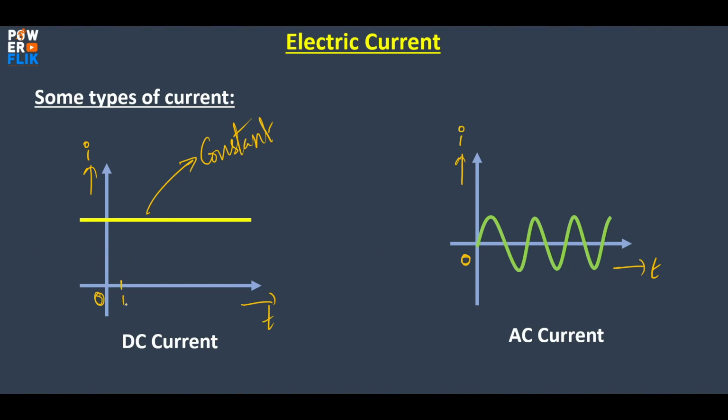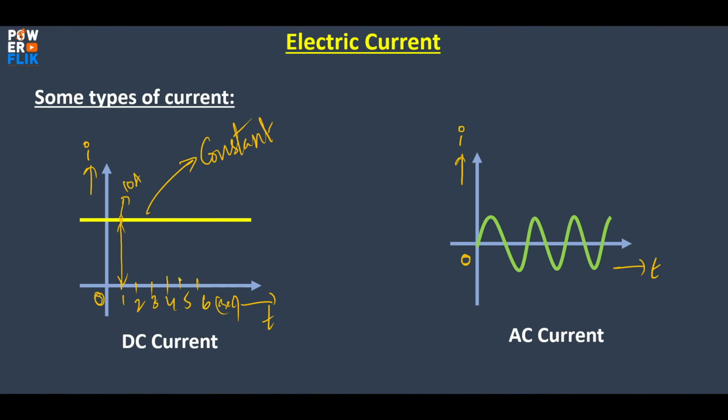How am I telling it is constant? Say I divide the time axis into 1, 2, 3, 4, 5, 6 seconds. At 1 second, the current here is 10 amperes, say.